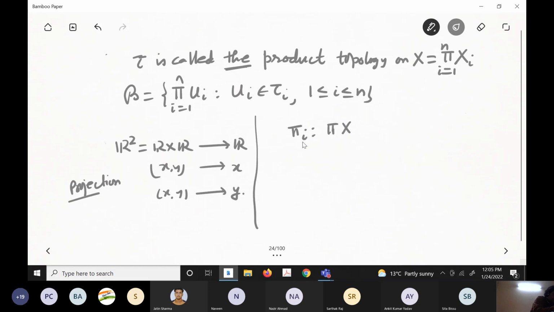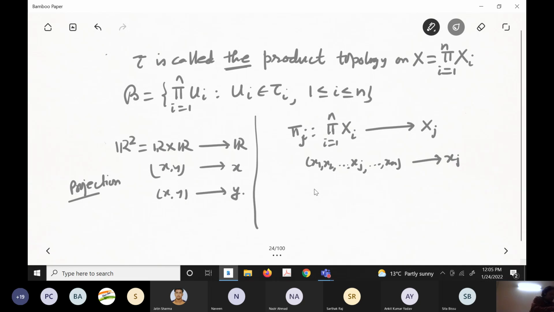This i is a variable, but if you want, you can take the jth projection, i from 1 to n, to X_j. That means you have a point tuple (x_1 to x_j to x_n), and we are taking x_j.